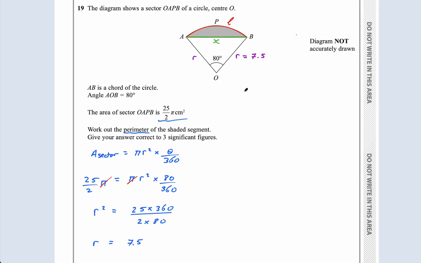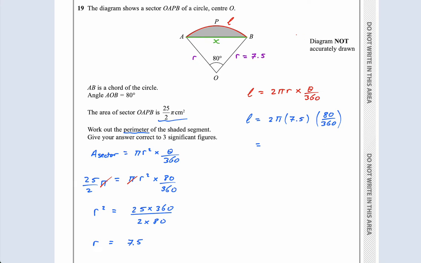The length. The formula for arc length is similar to this, guys, except this time I'm going to use the circumference, which is 2 pi r, the circumference of a circle, times theta over 360. It's the fraction of the circumference. 2 pi, now I know the radius, it's 7.5, and I know the angle, it's 80 over 360. It's this 80 here.